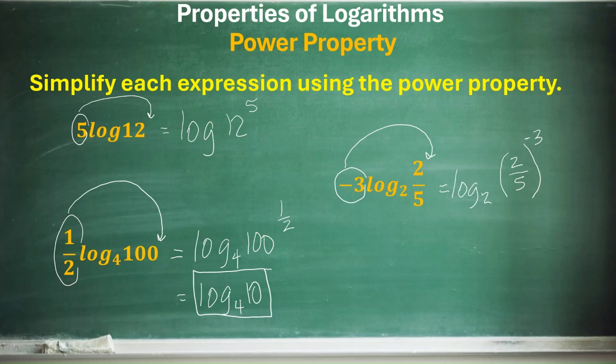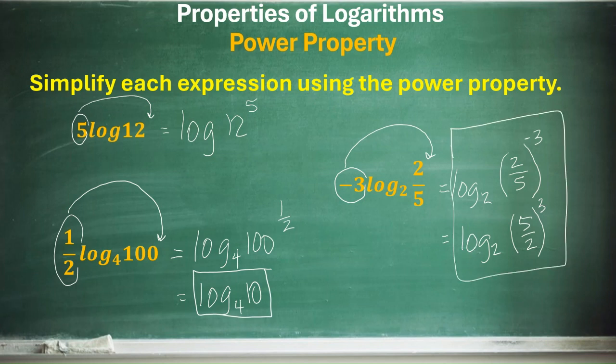That's a very correct answer. If your teacher is asking you for only positive exponents, you could apply the rule of negative exponents, and then you have a positive exponent. I have a video on that if you're wondering how that works. Either one of these answers is technically correct.